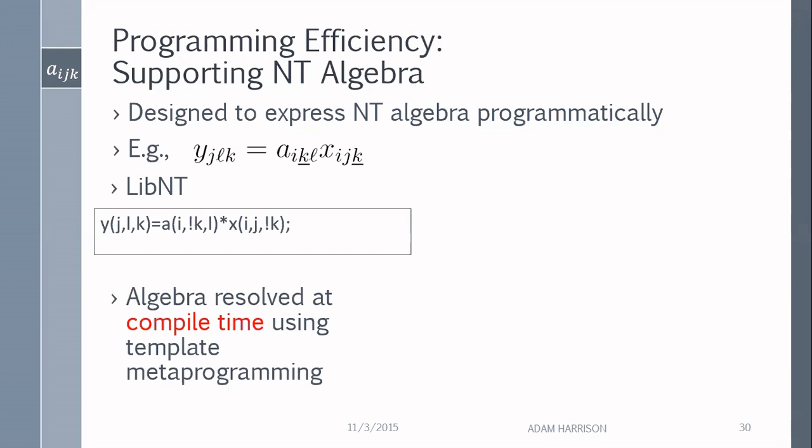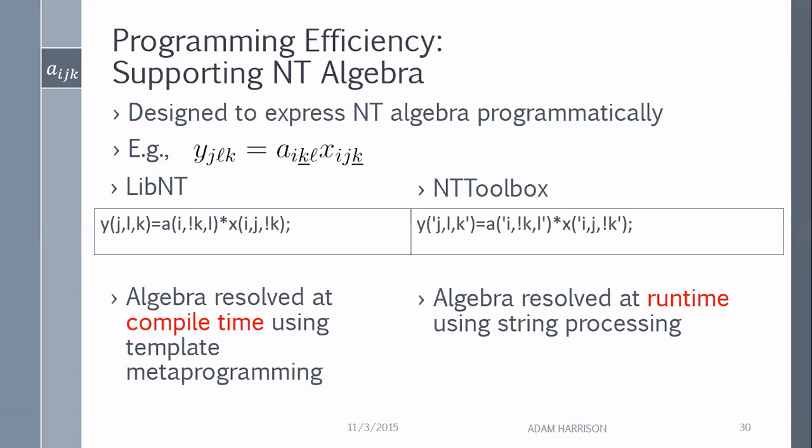This is resolved at compile time in C++, and Adam did a great job exploring features of C++ called template metaprogramming. In the MATLAB version, the NT toolbox, which has a set of wrappers that invoke the libnt libraries, we resolve the algebra at runtime using string processing. So you can see here that the subscript arguments are actually all strings enclosed in single quotes for MATLAB. And so that is then parsed, and then the appropriate libnt code is executed.